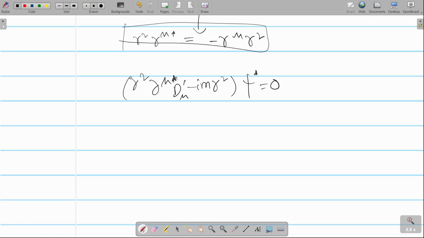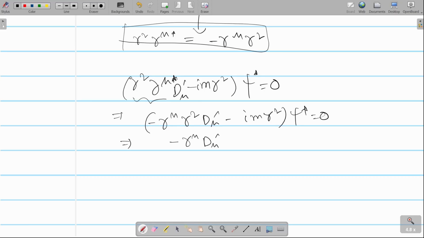All right, so we proceed from here. We replace this thing with i gamma 2 gamma mu gamma 2 d mu prime minus i m gamma 2 acting on psi star equal to 0, and you shift gamma 2 to its right and gamma 2 star to be 0.